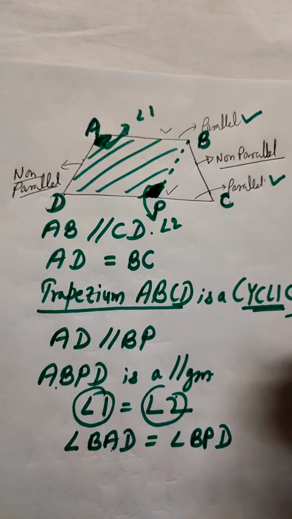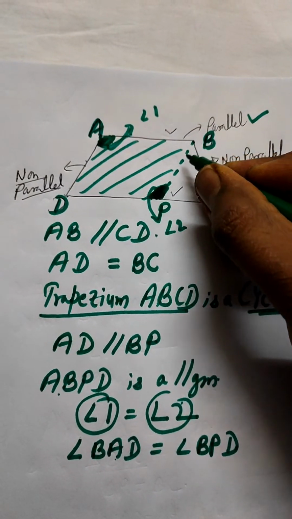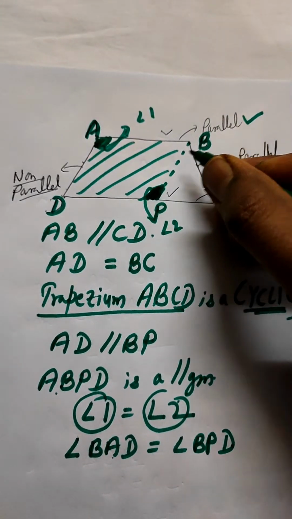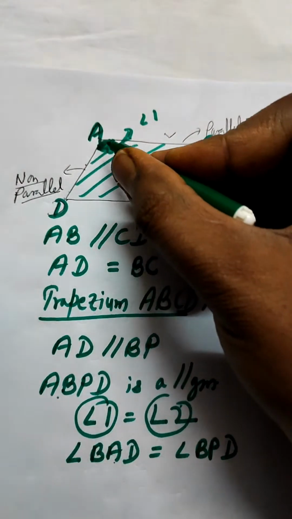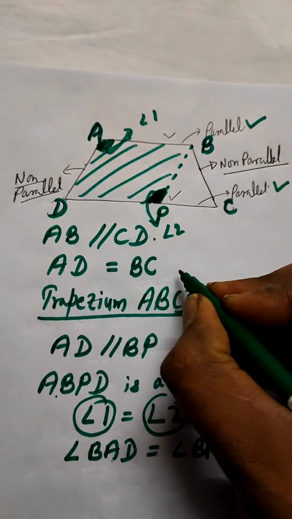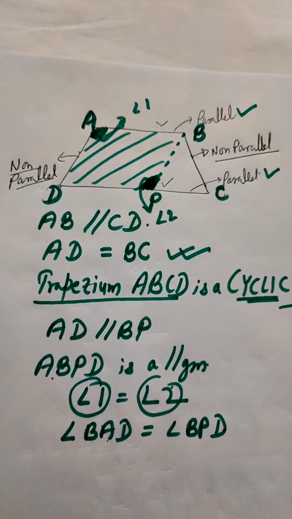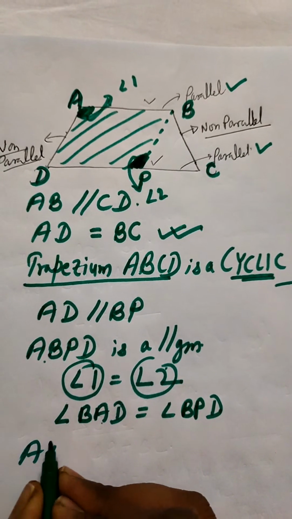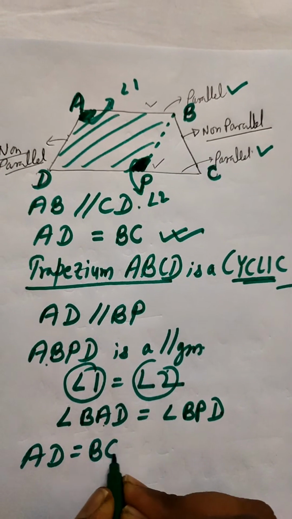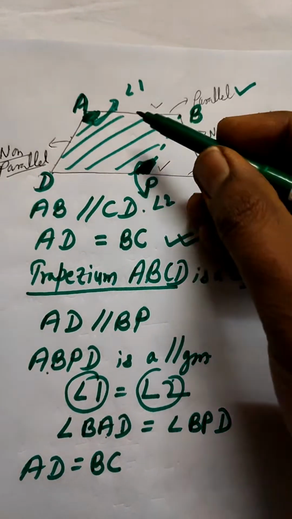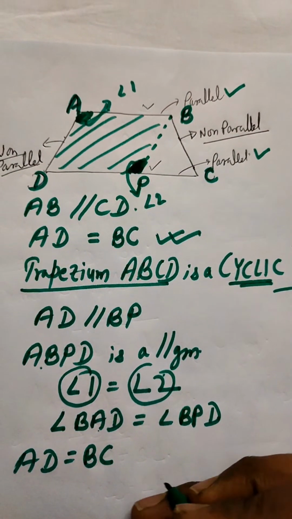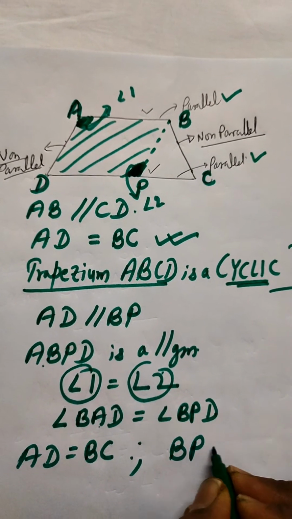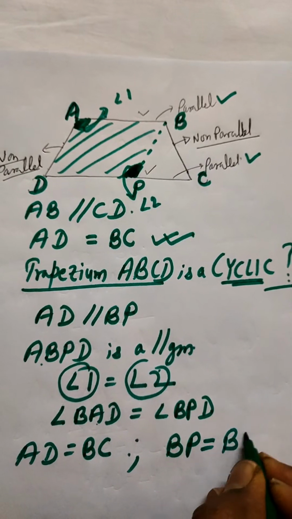Now, coming on to the construction, we have already constructed BP as parallel to AD, and it's given that AD is equal to BC. Here you can just see AD is equal to BC. And we have shown that ABPD is a parallelogram, so we can say that BP is also equal to AD.